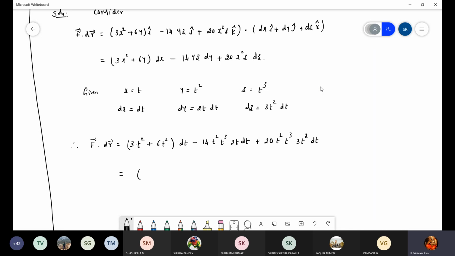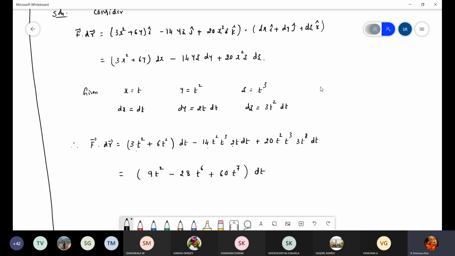Now simplify. I will take dt outside. So finally 3t square plus 6t square is 9t square, the first term. The second term is minus 14 twos are 28, t power 2 plus 3 is 5, 5 plus 1 is 6, t power 6, and plus 20 times 3 is 60, t power 7 dt.